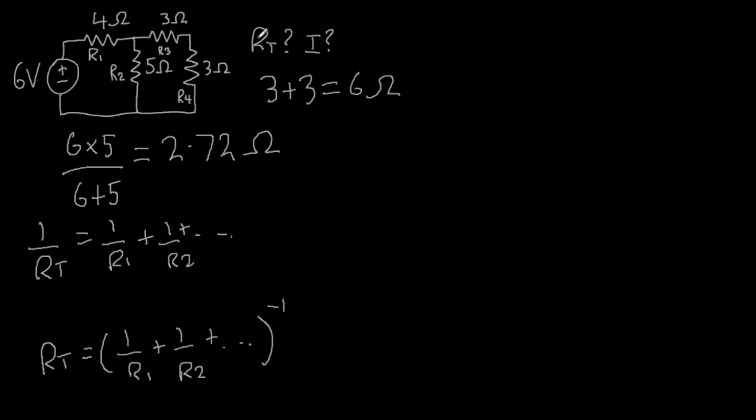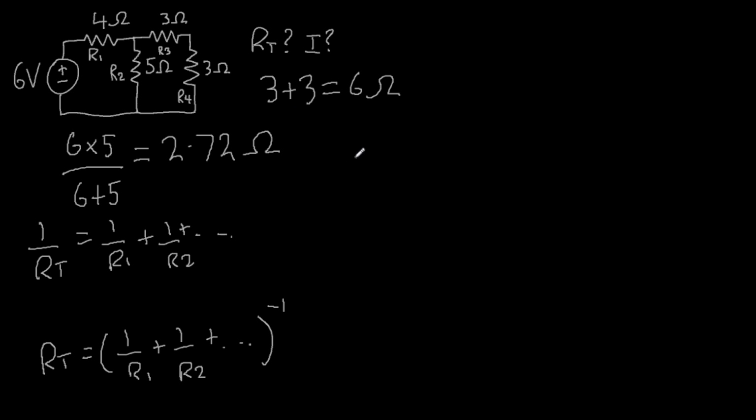In this case, we just have two parallel resistors, so you're better off using product over sum. It's much faster. But where you have multiple resistors, say 3 or 4 parallel resistors, you're better off using this formula, because in product over sum, you can only do 2 parallel resistors at a time. And this one, you can do all at once and get the answer.